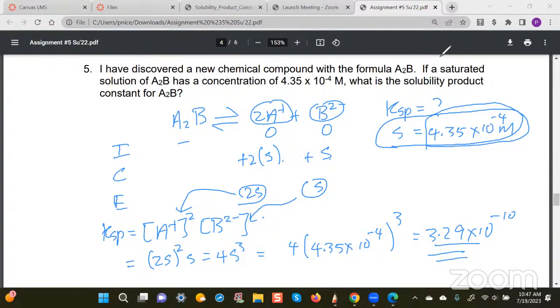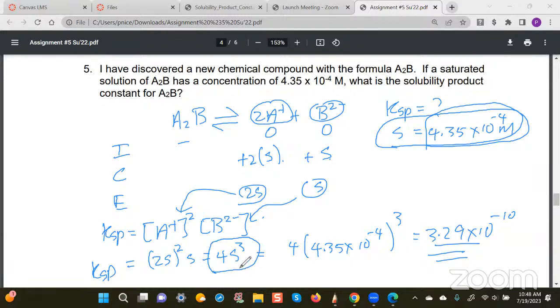Any questions? Why are we not square rooting? Because we're doing the opposite of what we did before. In the previous question, we were trying to find S, and they gave us a KSP. In this question, we're given the S, and we're trying to find the KSP. So basically, this is the relationship between KSP and S: KSP is equal to 4S cubed, right?